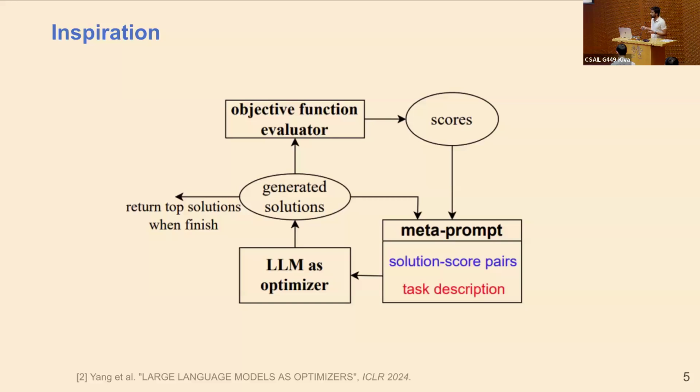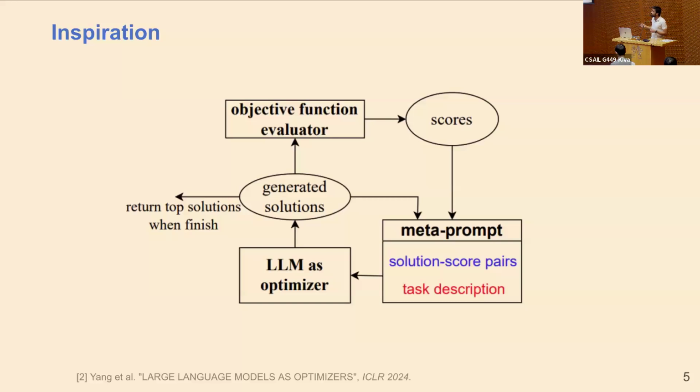Here, the overall framework looks somewhat like this. You have an LLM, and you run it in a loop, and you want to find better prompts for your downstream task of interest, which could be mathematics, for example. And you have this objective function, or objective evaluator, which is basic accuracy scores, let's say.